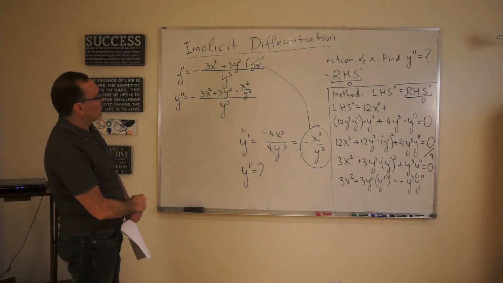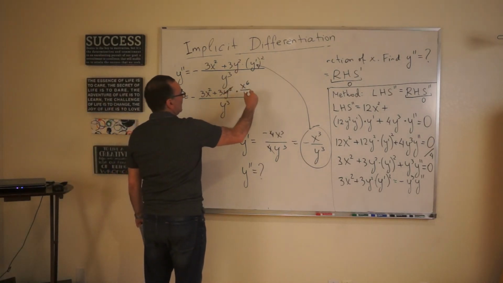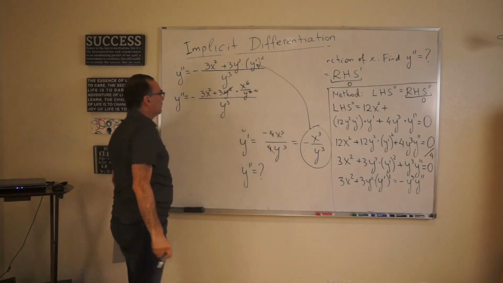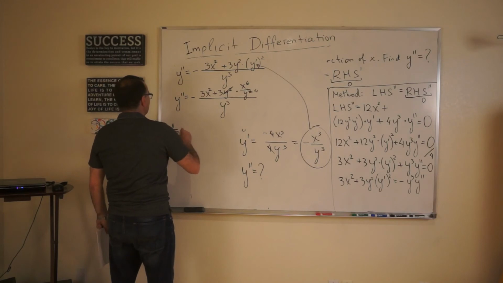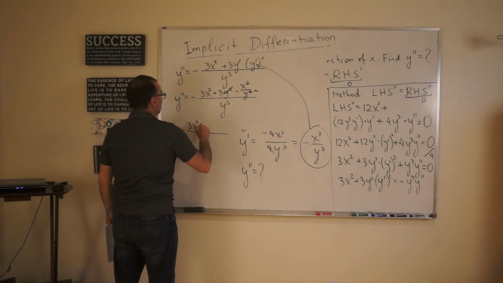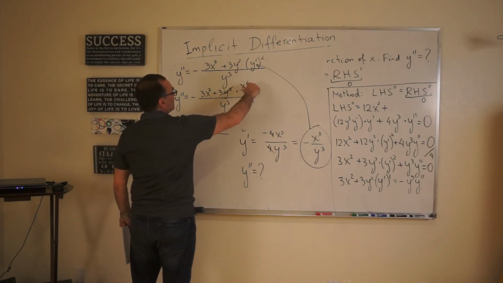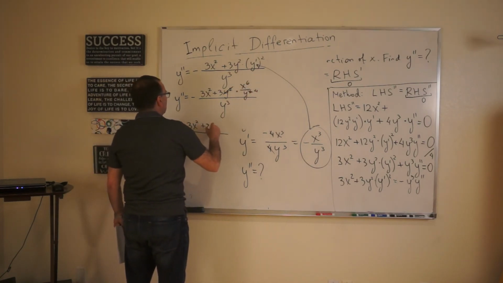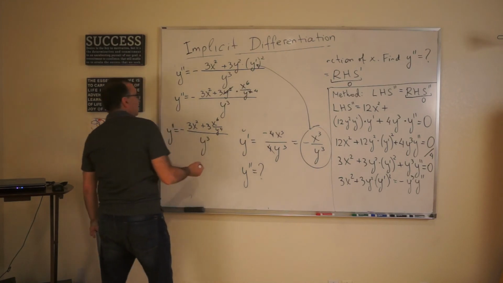Now we can cancel y squared with y squared, and here we can make it y to the power 4. And the final formula is y double prime equals negative, here we have 3x squared plus, here we can write 3x to the power 6 over y to the power 4, all of that divided by y cubed.